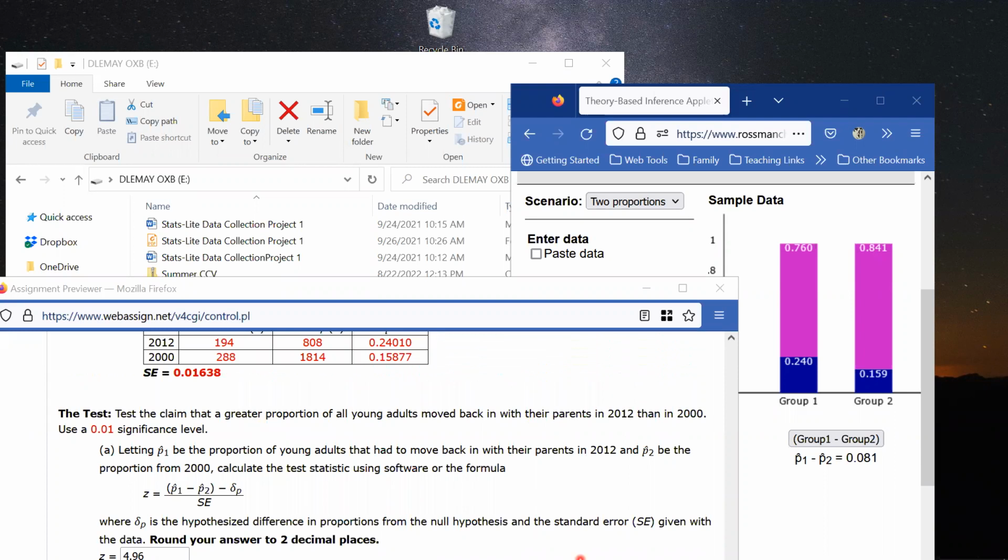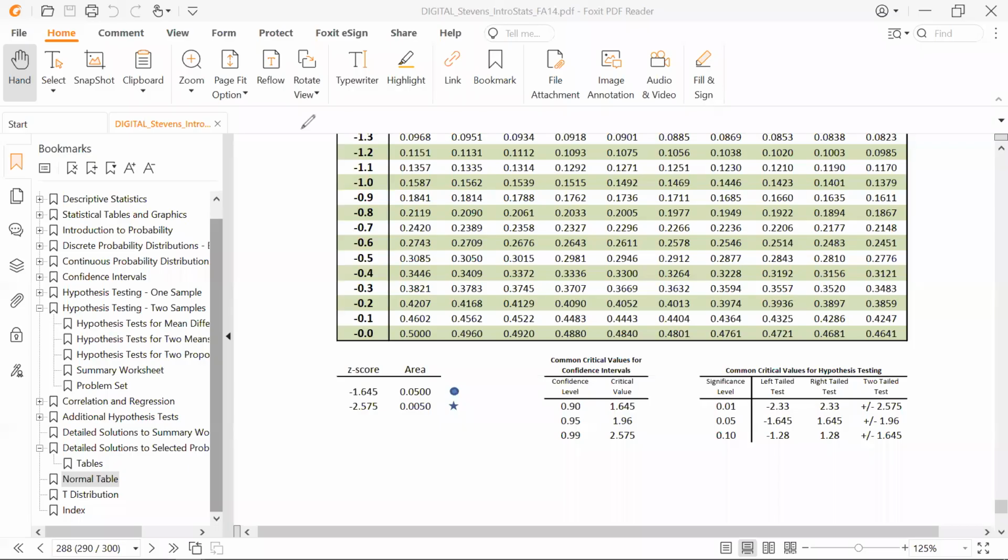Let me share my screen again. Down here you see we've got the critical value at the 1% level of significance on a right-tailed test. Our critical value of Z is 2.33. That's the cutoff of the rejection region.